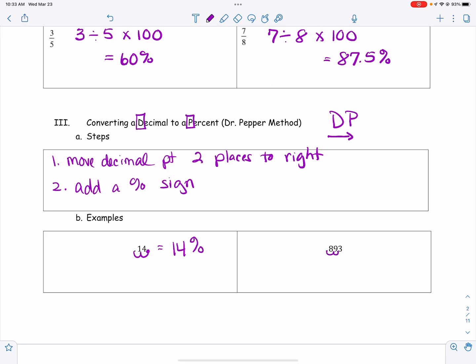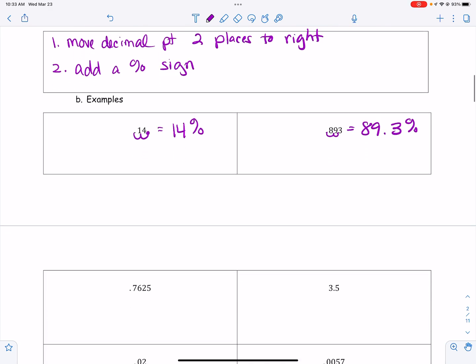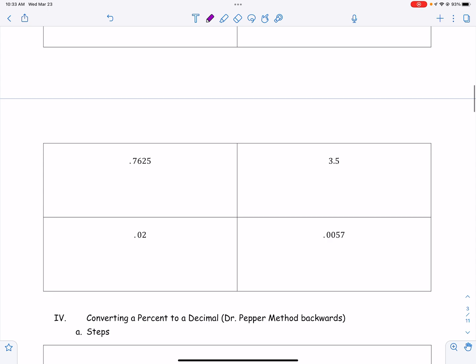Go 1, 2, this becomes 89.3%. And don't leave any of the numbers off. 1, 2, this becomes 76.25%. And this one, we've got 1, 2, whoops, sorry. We got 1, 2, we have to add a 0, and that becomes 350%.